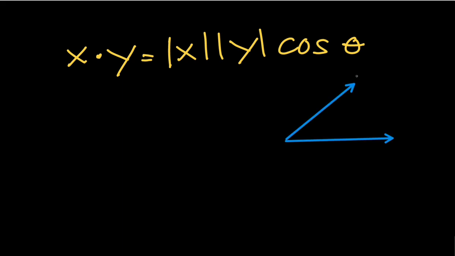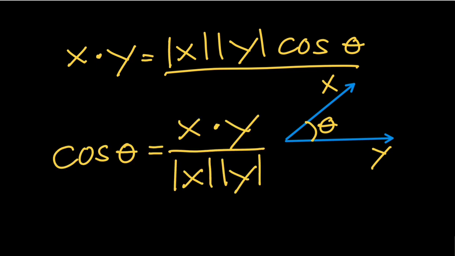So let's say this is vector x and this is vector y, and the angle in between them is theta. We can find the dot product of vectors x and y by using this formula. We just have to multiply the length of each of the vectors and the cosine of the angle between them.